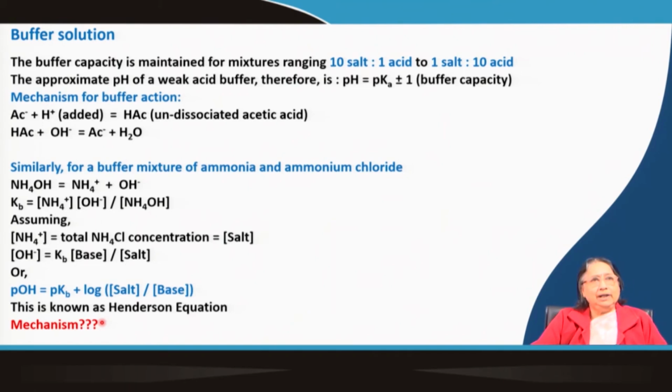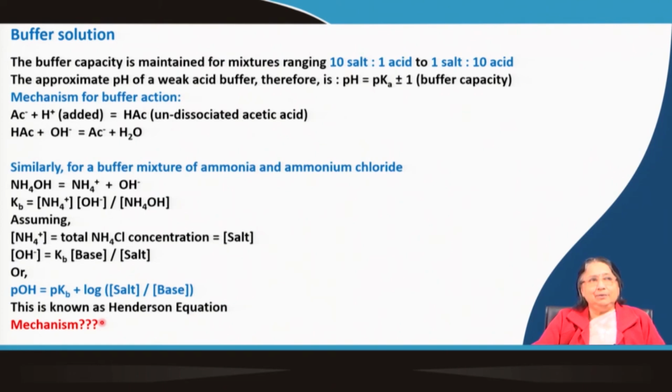I told you, if you remember, that buffer action will remain in some range. It is not the whole range of pH, it will not act in that way. Not only that, a buffer can only resist the change when a slight amount, a little amount of acid or alkali is added.